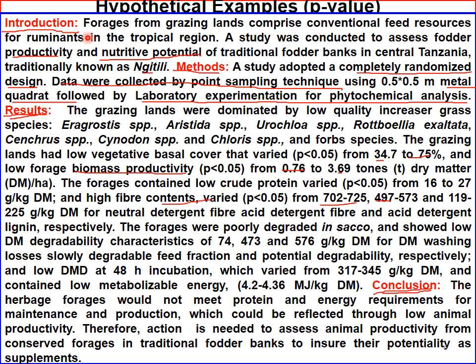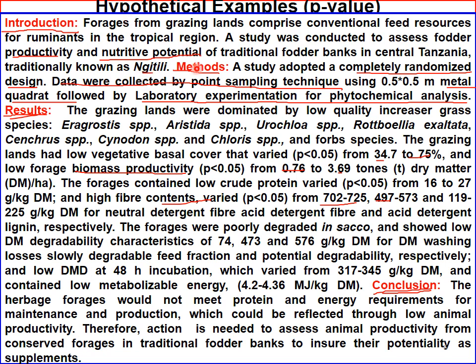Let us see a little bit of what is in an introduction, taking this as an example. Here the author on this particular study wrote: a study was conducted to assess fodder productivity and the nutritive potential within the traditional fodder banks in central Tanzania, traditionally known as Ingitili.